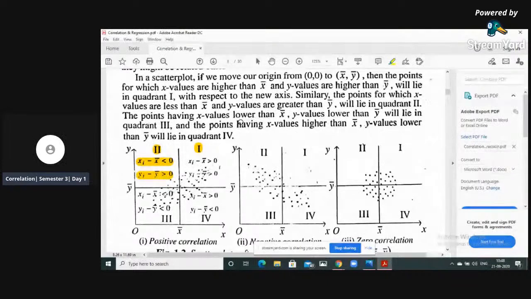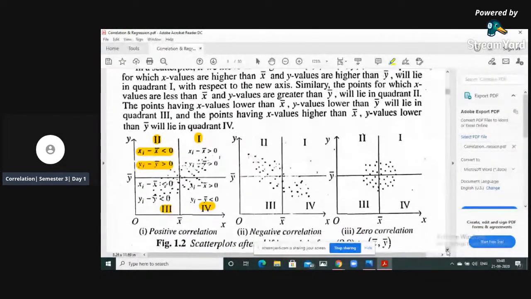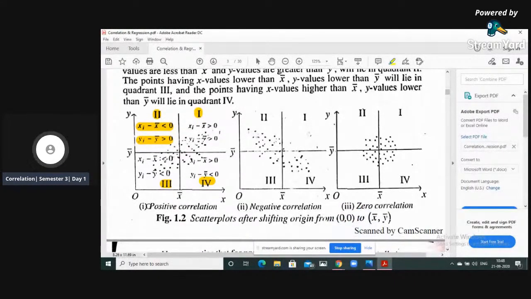The points having x values lower than x bar, y values lower than y bar will lie in quadrant 3. And finally, the points having x values higher than x bar, y values lower than y bar will lie in quadrant number 4. And this entire relationship depicts positive correlation.